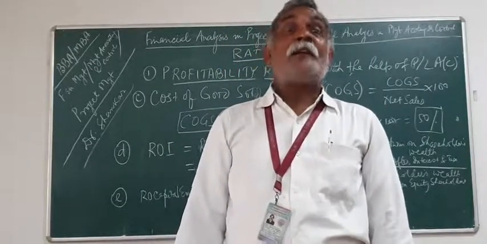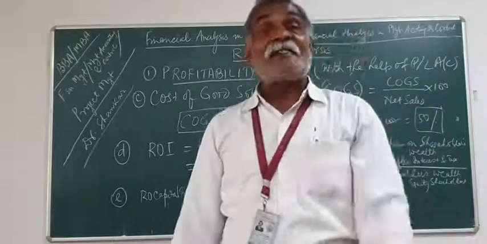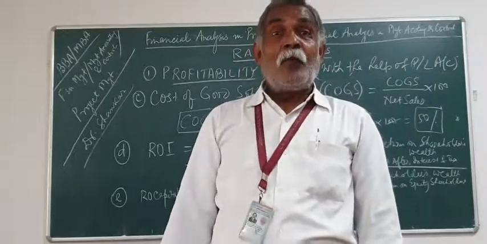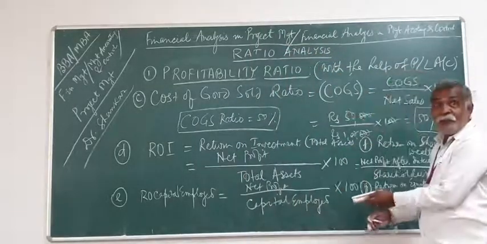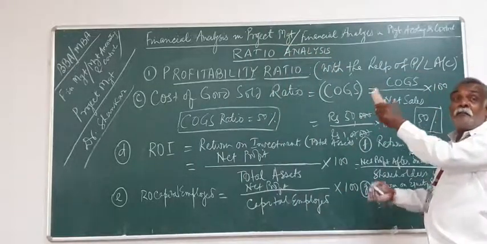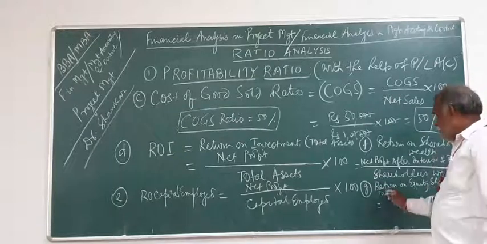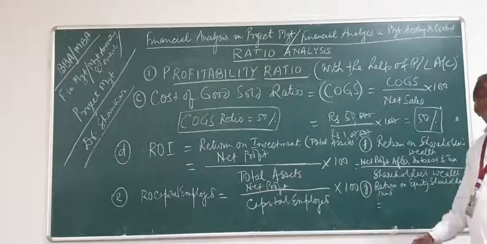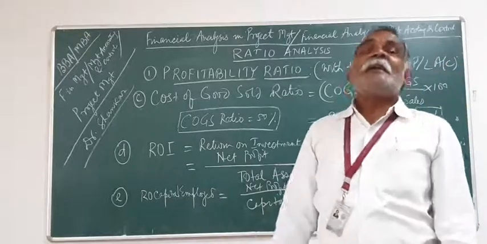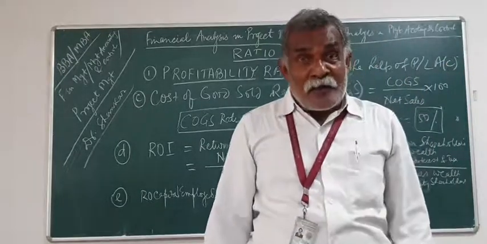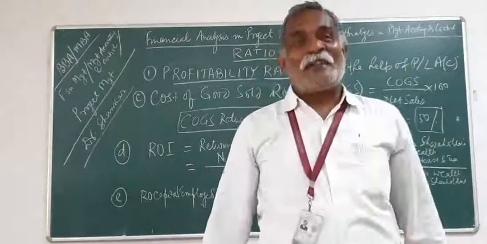One is net profit after interest, tax and dividend. So all are the steps when we calculate the P&L account. So return on equity shareholders is the last remaining profit which will be distributed among the equity shareholders.